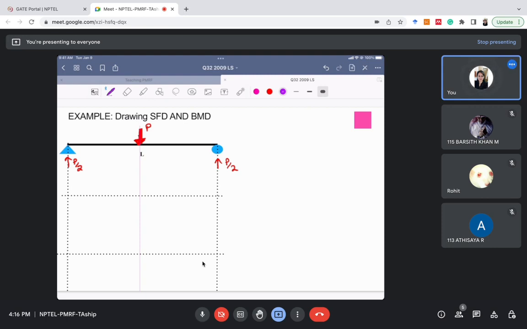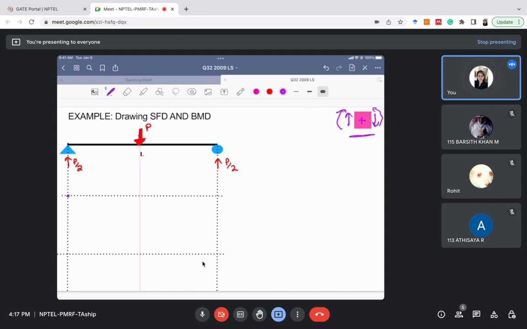I am drawing the sign convention here. This is the sign convention we will follow in every problem: sagging bending moment and this type of shear force as positive. Now let us draw the SFD of this problem first. To draw the SFD, we'll start with this point.